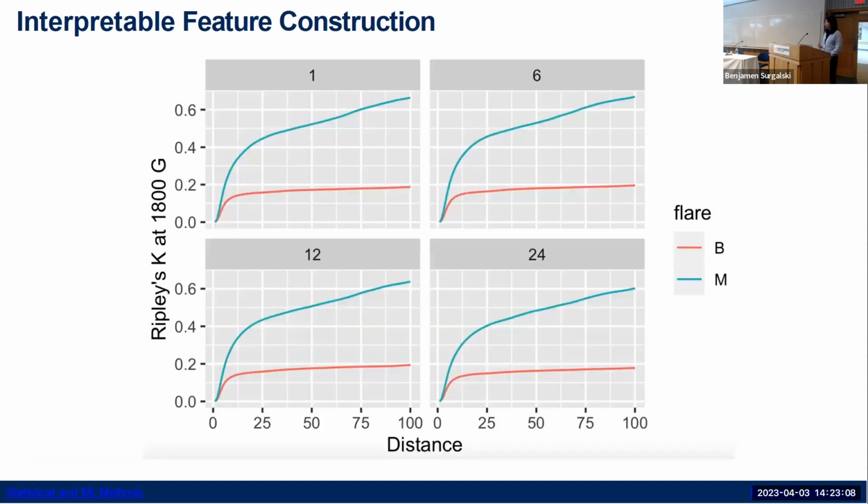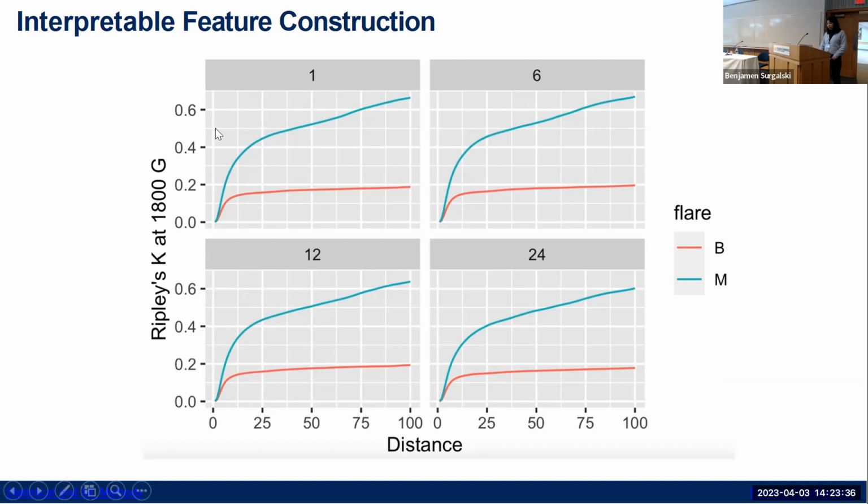And here I just want to show a pilot result of some of the visualizations that we have. So the B means a very weak flare event. We don't really care, so it's the baseline. And the M is a very strong flare event that will definitely impact the Earth. So we can see that based on this functional estimate, called Ripley's K function, from spatial statistics, the B flares look very, very different from the M class flare.